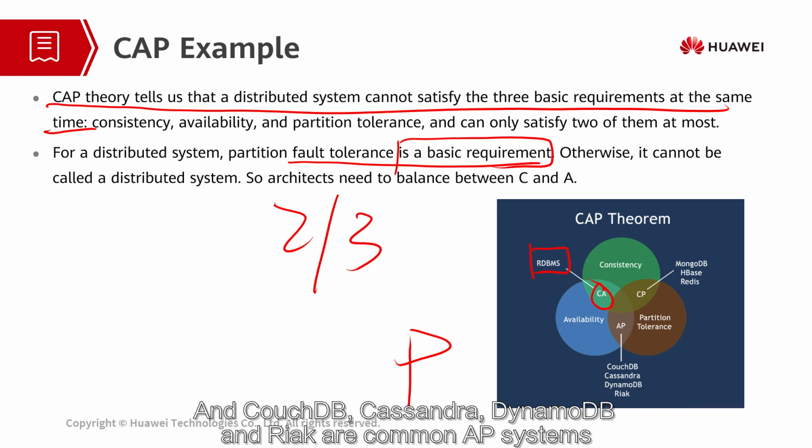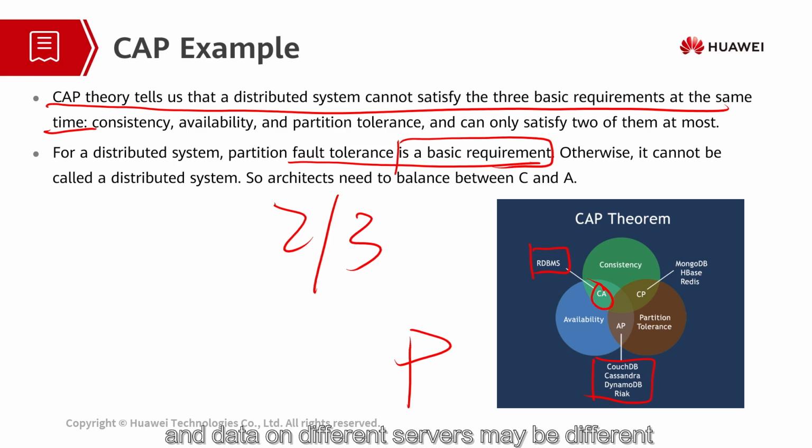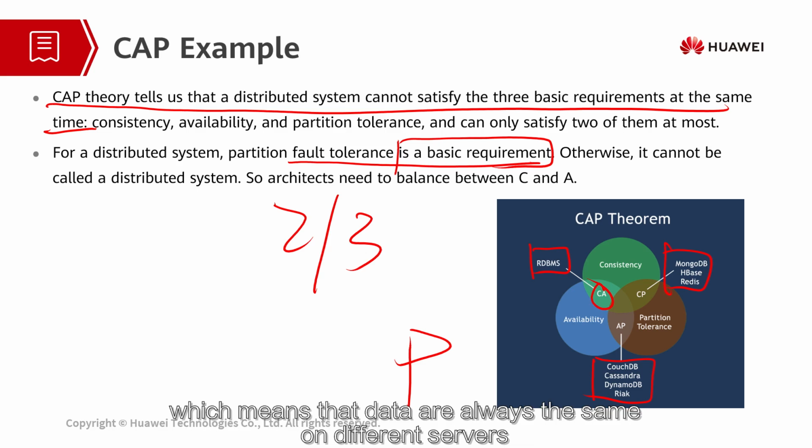And CouchDB, Cassandra, MongoDB, and Riak are common AP systems, which means that they sacrifice the consistency property, and data on different servers may be different. And MongoDB, HBase, and Redis are usually CP systems, which means that data are always the same on different servers.